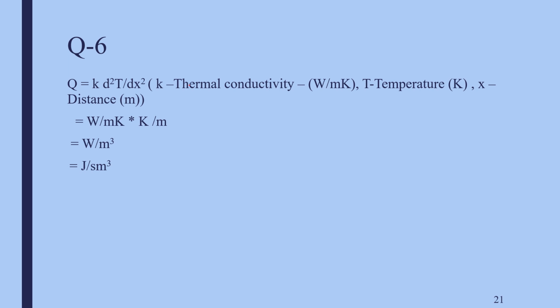The unit of thermal conductivity is watt per meter Kelvin, T is the temperature in Kelvin, and x is the distance in meter. Substituting all the known things, it is watt per meter Kelvin into Kelvin by meter square. The Kelvin cancels, and we would have watt per meter cube.